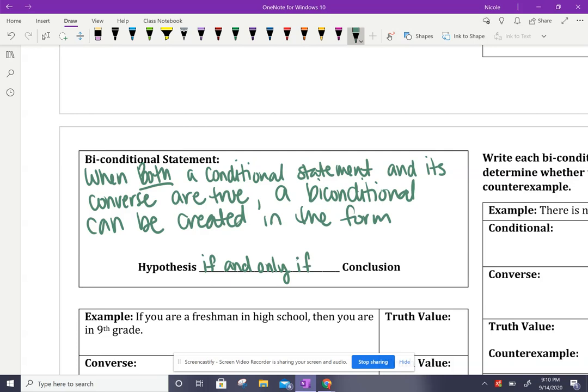Now you will see us shorten this, and you're welcome to do it as well. You will see us write the phrase IFF in between the hypothesis and conclusion, and that stands for if and only if. So that's a little shortcut for you. If and only if, IFF.